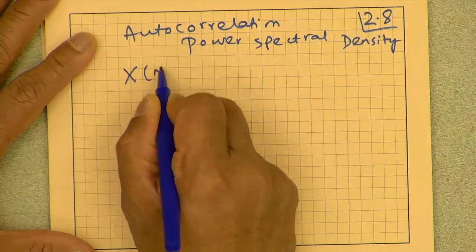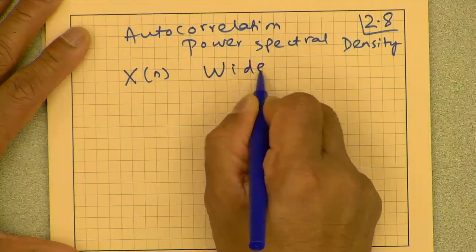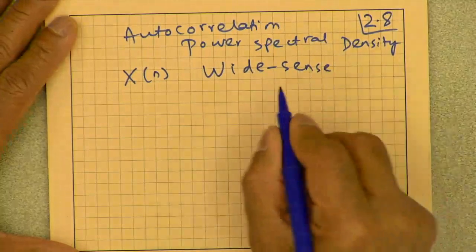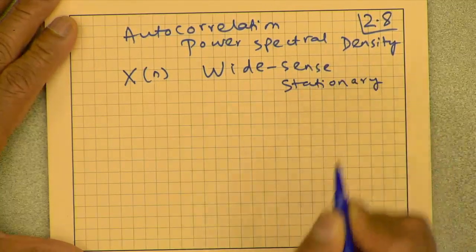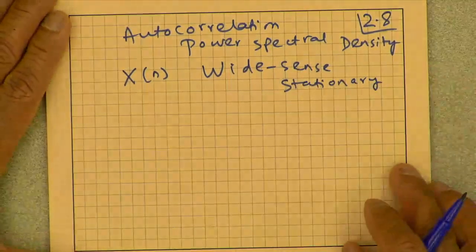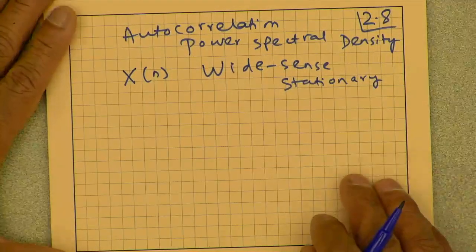So if we have a random signal x[n], I call that a random wide sense stationary signal. If you don't really know these things, it doesn't matter. Just take it that the system is wide sense stationary. It needs to satisfy certain properties to be wide sense stationary, and I'm not going to spend more time.